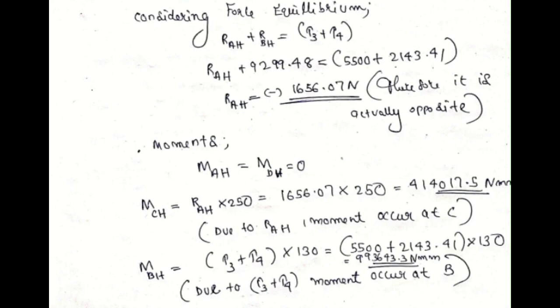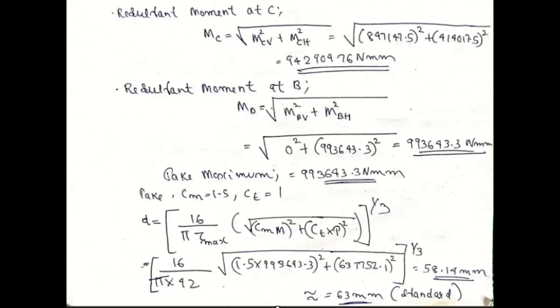Okay, taking the horizontal direction, there is a horizontal component at point C and at point B. Now we have to find the resultant moment at point C and point B, because we have a horizontal and vertical component at both points. So we need to find the moment at C separately, using the normal resultant equation, square root of A square plus B square. The moment at point C will be square root of MCV square plus MCH square, right?